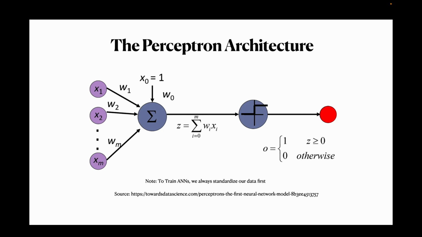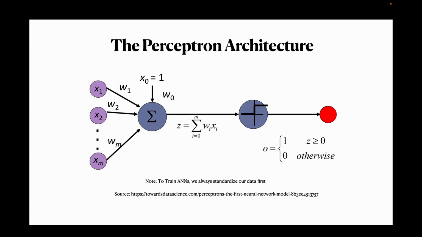So now let's look at the easiest architecture in neural networks, which has been around for many decades, and that's the perceptron architecture. The idea is you have some features like x1, x2 through xm, and you want to make a prediction whether these features belong to a category or not.